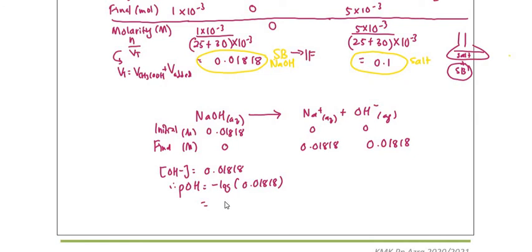You will get 1.74. You want to find pH, so 14 minus pOH becomes 14 minus 1.74. You will get 12.26. This is the pH after you add 30 ml of titrant to the analyte.